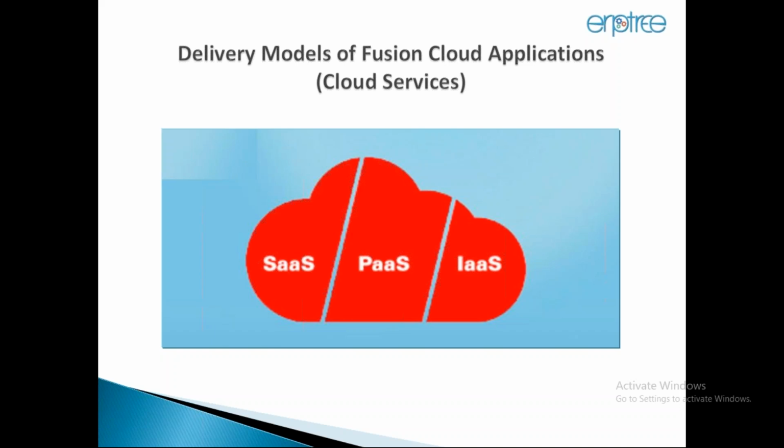I'll call out SaaS as the first method of Fusion applications being deployed or used for your enterprise. When I say SaaS, it is software as a service. A client will use the Fusion Cloud application as a service and will only subscribe to the plain application.